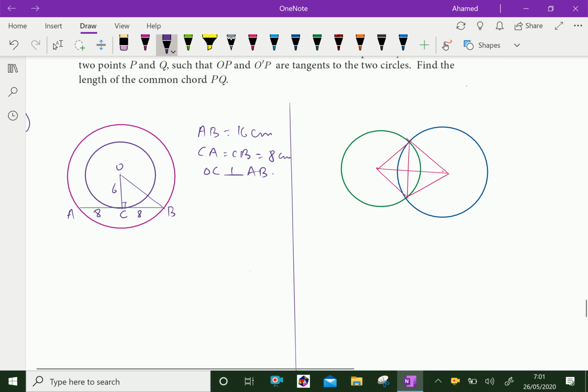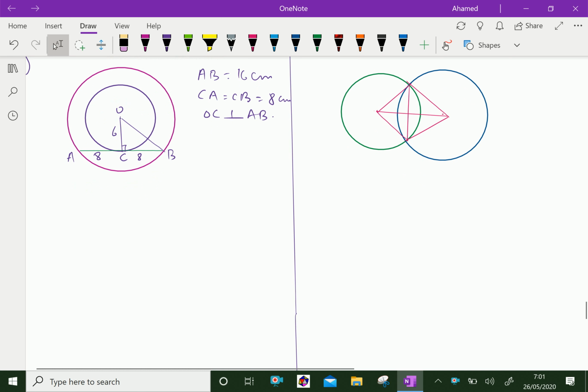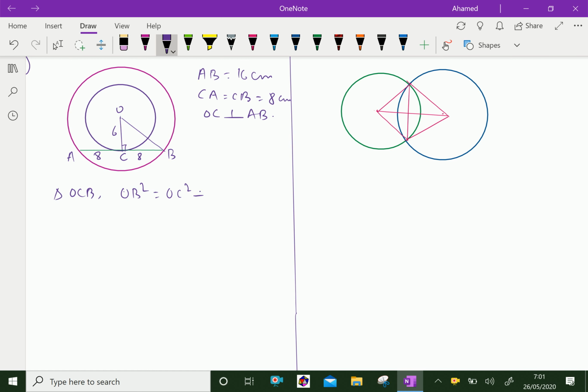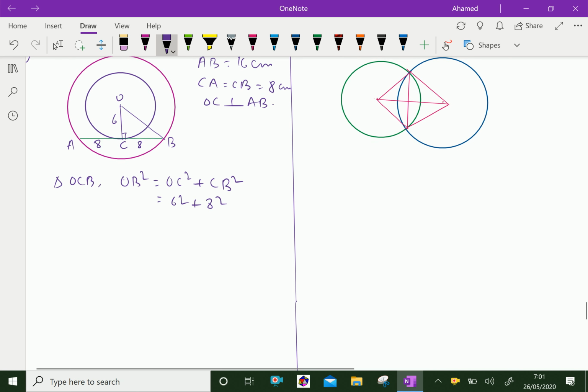Now in right triangle OCB, by Pythagoras, we can say OB square equals OC square plus CB square. Now OC is 6 square, CB is 8 square, which is equal to 36 plus 64.